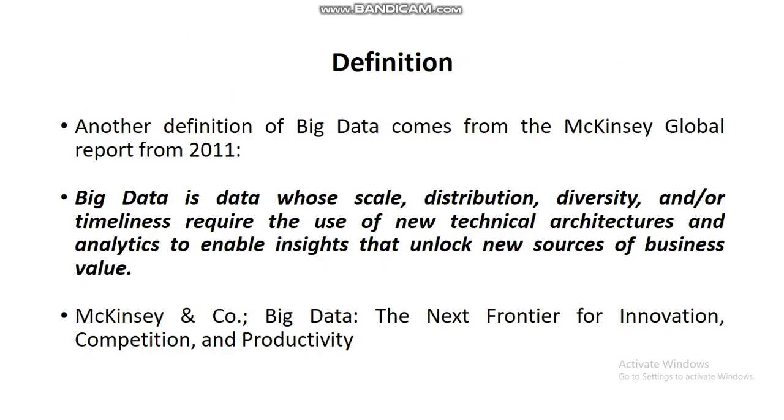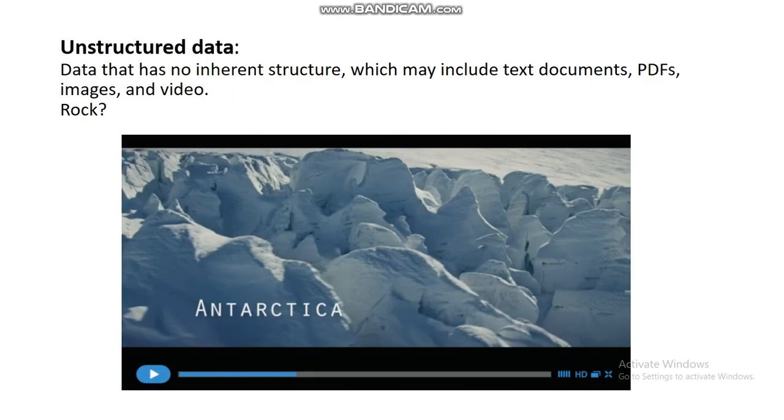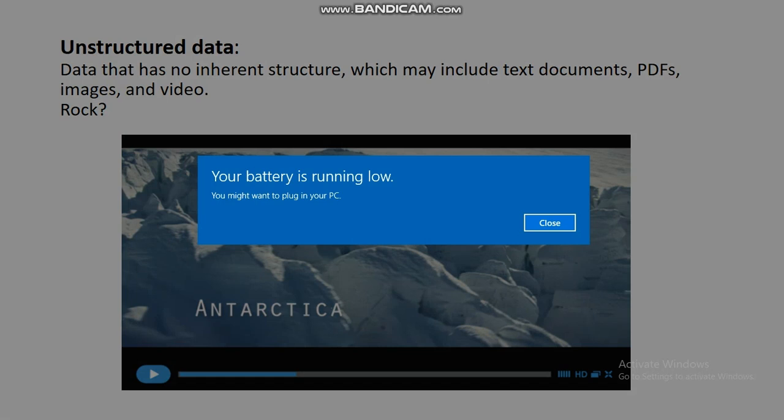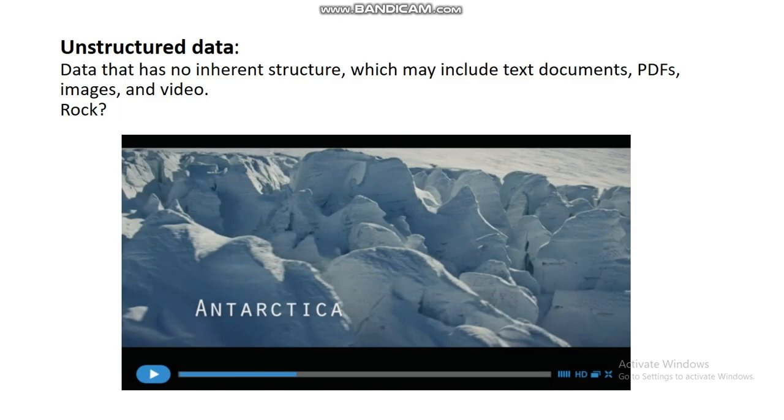Now unstructured data is again data that has no inherent structure, which may include text documents, PDFs, images, and video. So it has no inherent structure; simply one can call it a rock. What does that mean? It means that particular data is not passing any information to you.